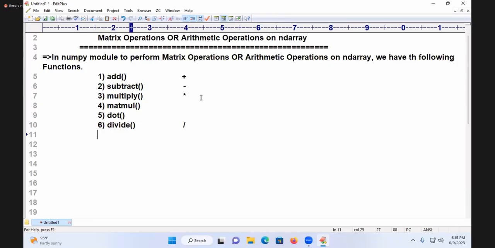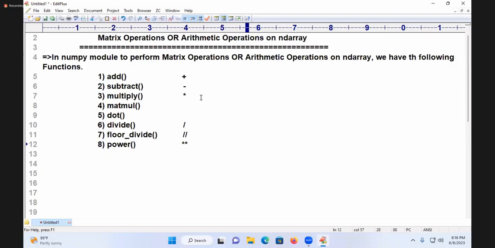Next, the seventh operation is floor divide, floor underscore divide. What is the symbolic notation for that? Double slash. Eighth, I am going to take up power. What is the symbolic notation here? Double star.